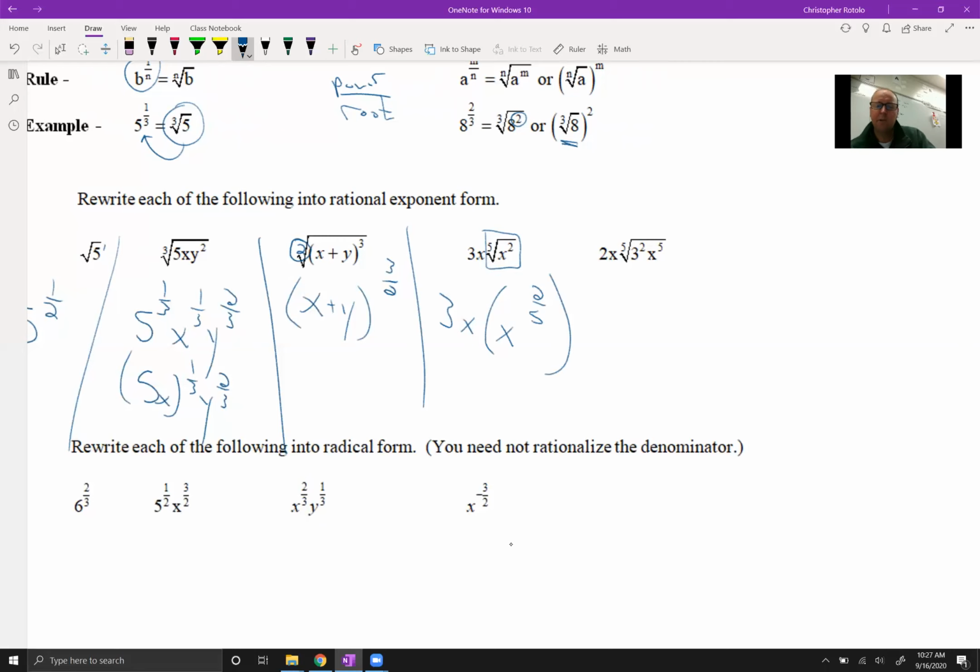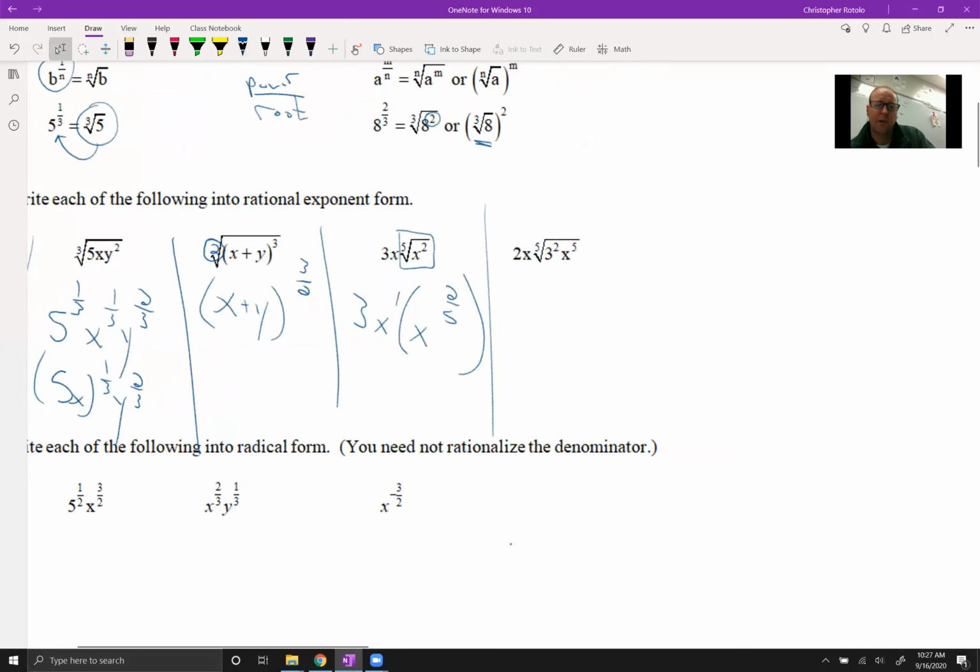So what we can ask you to do afterwards is then maybe multiply this. So what do I have to do? If I have x to the first power and x to the 2/5, then we start to put those together. Okay, so bases, we would add those together. Next thing we're going to do is deal with the same idea. So I have 2x, 3 is going to be the second power, but the 5th root.